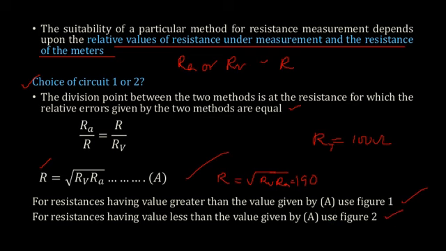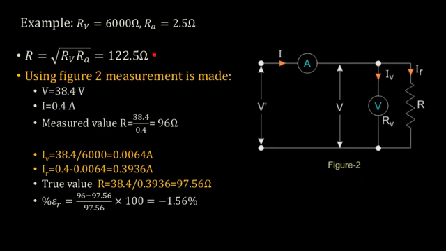Now we'll take an example and see how this can be justified. We have an example where the voltmeter resistance RV is 6000 ohms, and the resistance of the ammeter is 2.5 ohm. So the voltmeter will have high resistance and the ammeter will have low resistance.